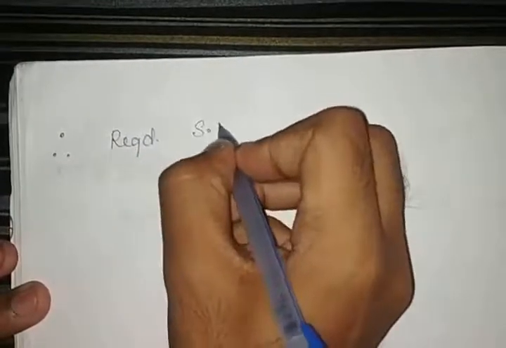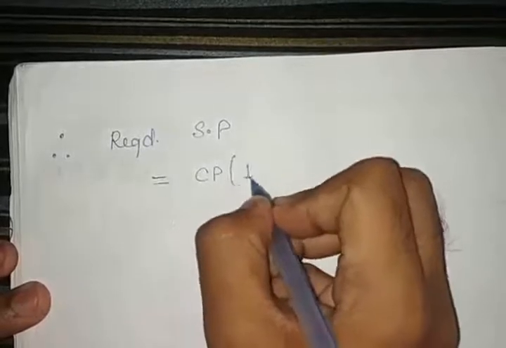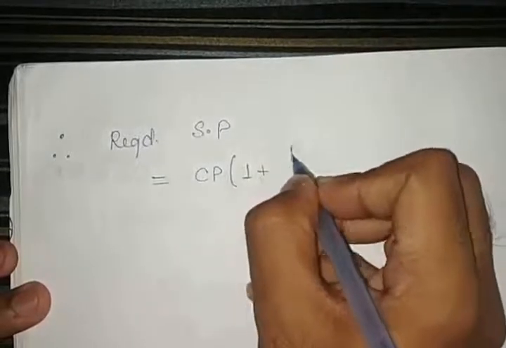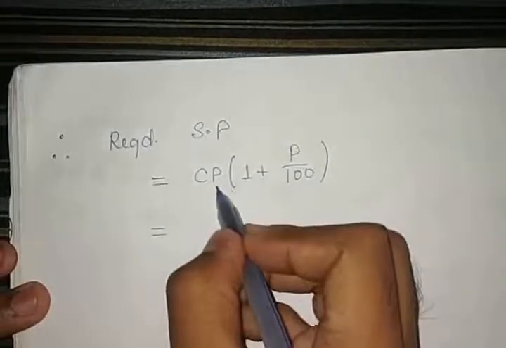Now the next part of the question says, what should be the selling price if the profit percentage is 10%? Means what should be the selling price if he wants to gain a profit of 10%? Then in case of profit, the required selling price will be equal to cost price into 1 plus profit by 100. This time it's plus. Now what was the cost price that we got?